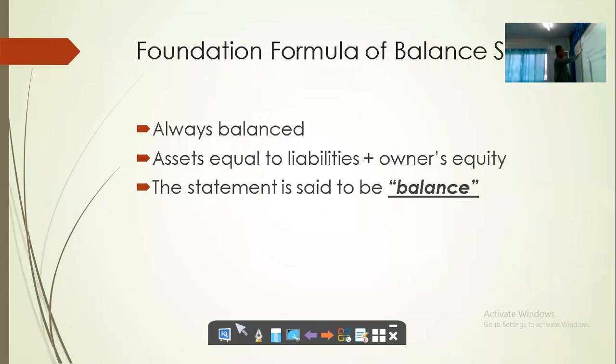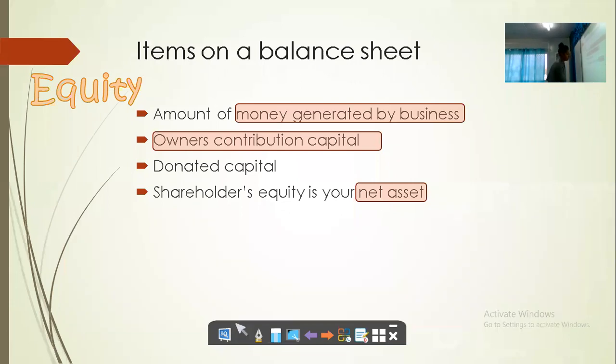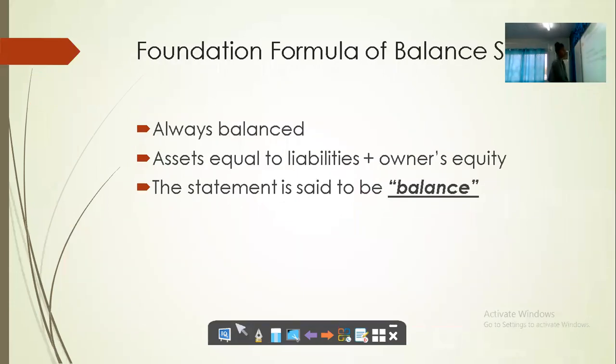Now, a balance sheet must always be balanced. It's already mentioned in its name, yeah?